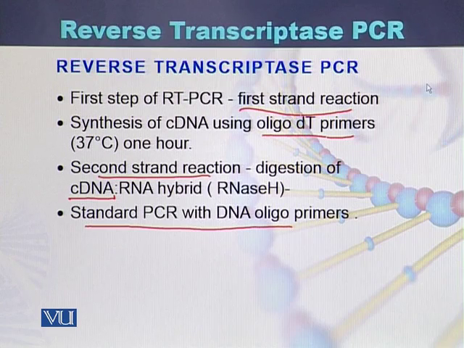So reverse transcriptase PCR is actually the conversion of RNA into cDNA. When we have to convert RNA into cDNA and later on we have to amplify the cDNA, this variant of the PCR is called reverse transcriptase PCR.